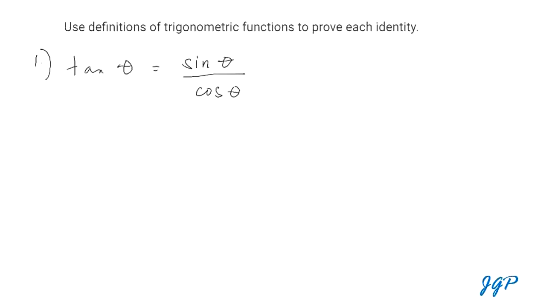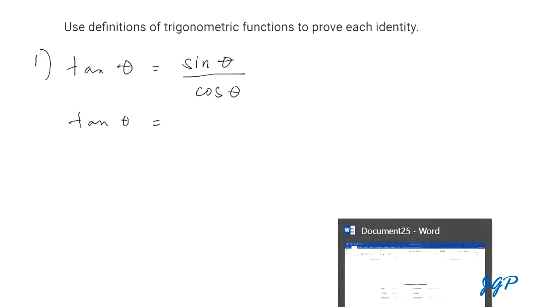Use the definitions of trigonometric functions to prove each identity. For question number 1, tangent theta is equal to sine theta over cosine theta. In this case, I will change the right side of the equation, the sine theta over cosine theta, in terms of the definition of trigonometric functions.